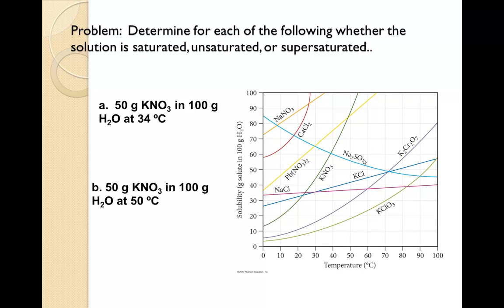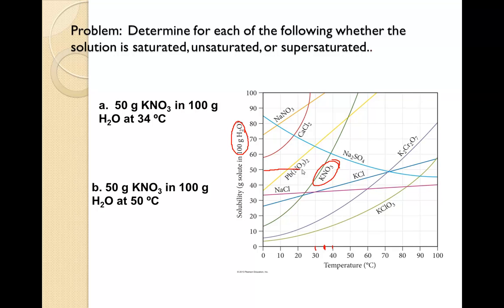Determine for each of the following whether the solution is saturated, unsaturated, or supersaturated. So let's look at KNO3, 50 grams of KNO3 for every 100 grams of water at 34 degrees Celsius. So here's 30, here's 40, be somewhere around there, and we're looking at 50 grams.